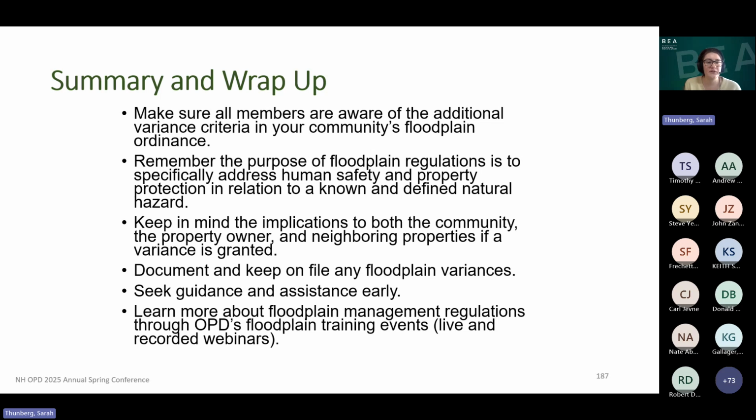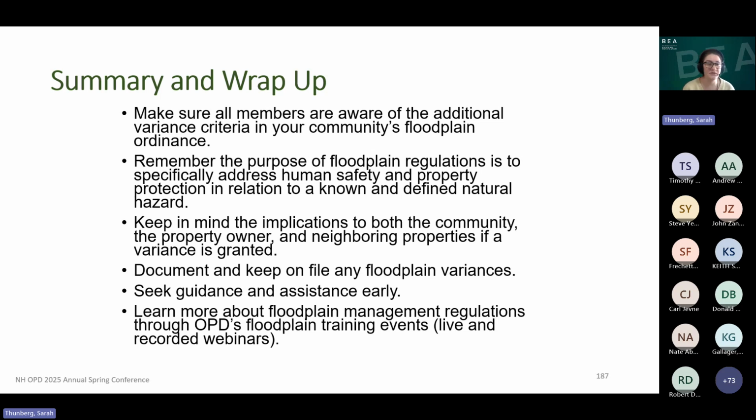You also want to remember that the purpose of floodplain regulations is to specifically address human safety and property protection in relation to a known and defined natural hazard. Keep in mind the implications to the community, the property owner, and the neighboring properties if a variance is granted.